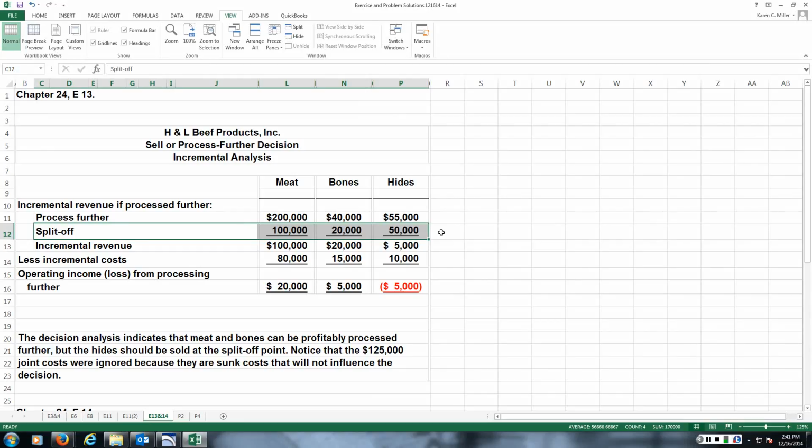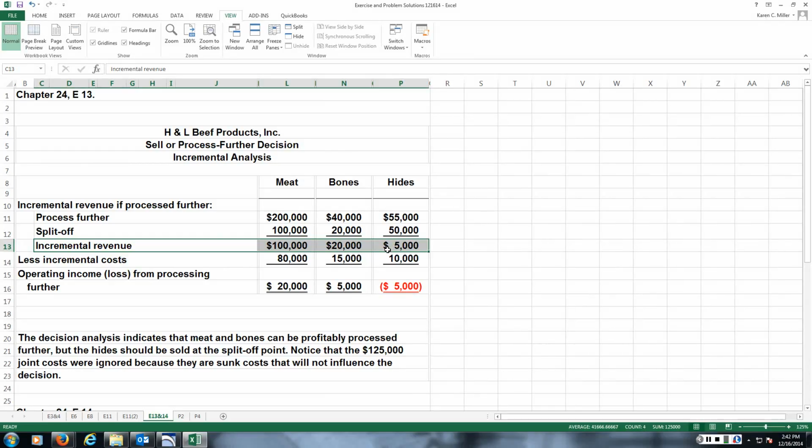Now, if I continue to process the meat into steaks and the bones into fertilizer and the hides into leather, this is the revenue that I would generate as a result of processing further. So the incremental revenue is simply the change. How much additional revenue do I generate if I continue to process? And obviously, we're processing a little further, so we should generate some additional revenue. So additional or incremental revenue of $100,000 for meat, $20,000 for bones, $5,000 for hides.